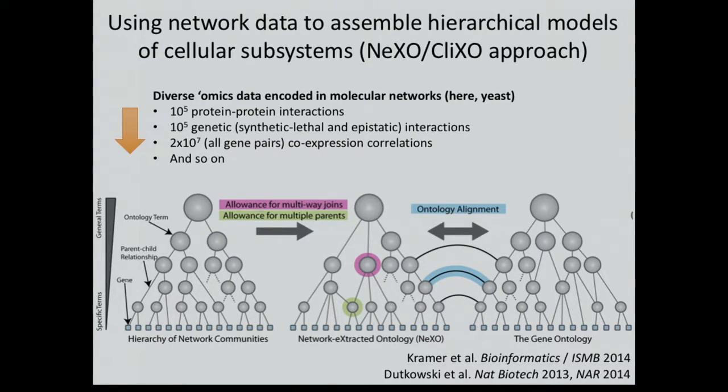Much like when you first sequence a new genome and you run your gene finding algorithms on that genome, you at first have a bunch of unknown ORFs. You label them ORF1, ORF2, ORF3, and so on. By analogy, we do the same here when we first construct a new data-driven ontology of a particular set of data, here the yeast cell. We at first just name these term 1, term 2, term 3. They're orphan terms, if you like.